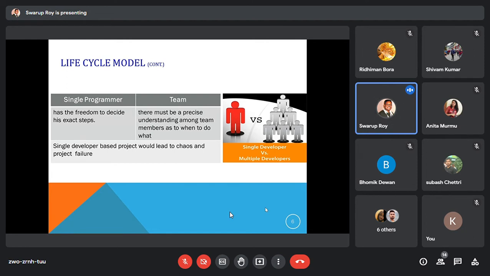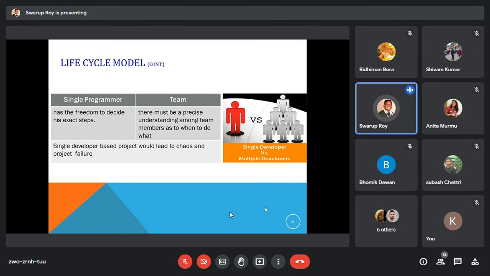And whenever there is teamwork, there must be a very good understanding among the members of the team. There should not be any communication gap among the members of the team, otherwise there may be chaos at the end.